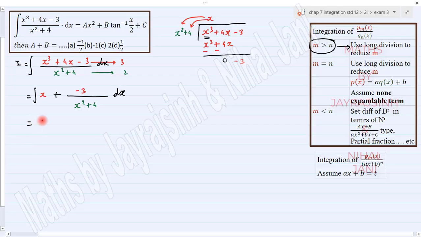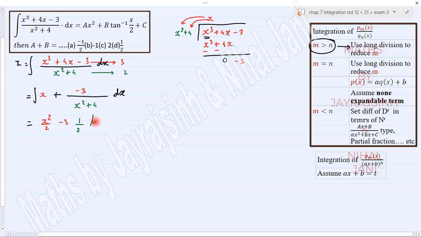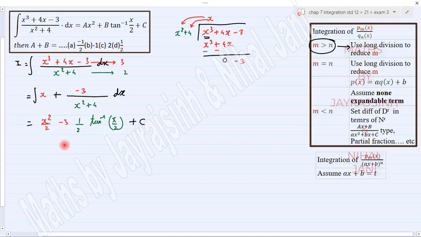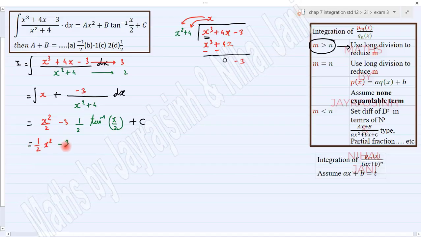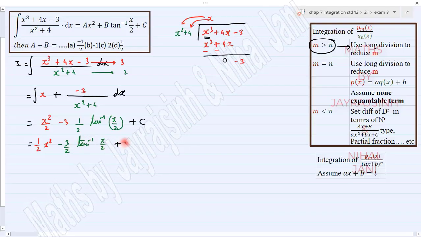Integration of x will be x square by 2, minus 3 will be as it is. Integration of 1 upon x square plus 4 will be 1 upon a tan inverse of x by a plus c. So here we get 1 by 2 of x square minus 3 by 2 of tan inverse of x by 2 plus c.